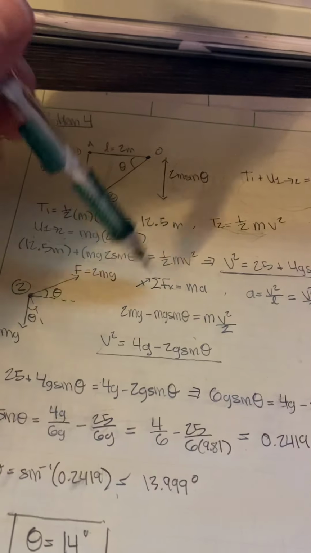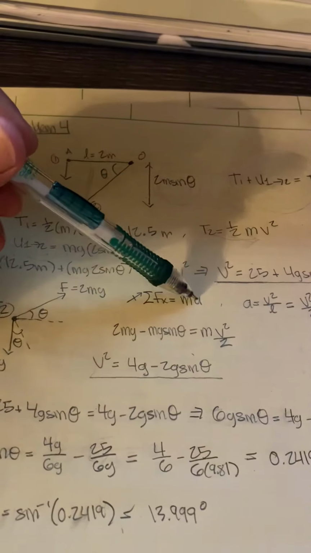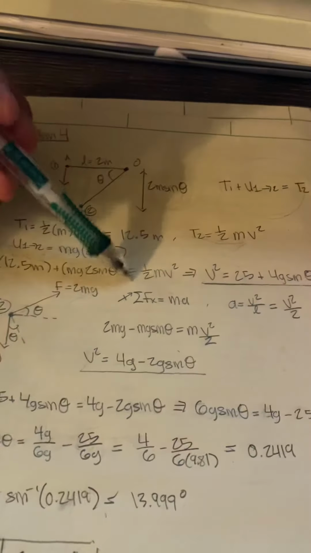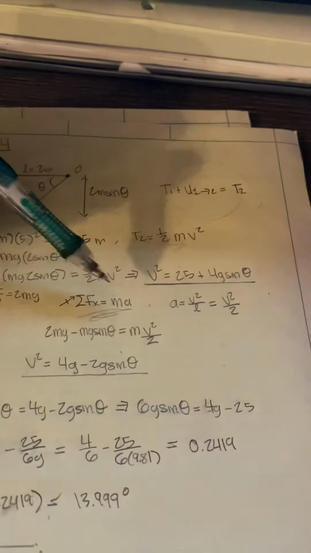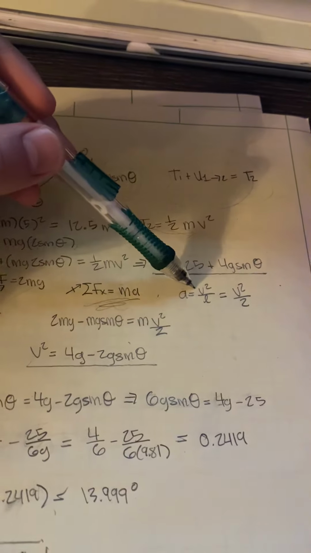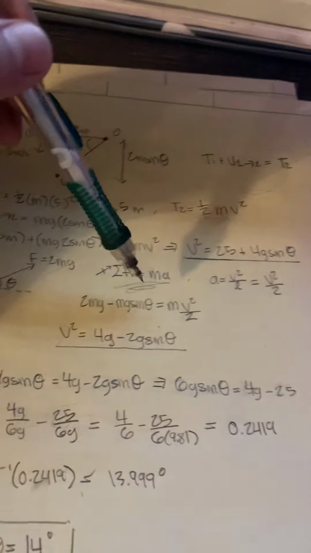and we have this angle being the positive direction, and it's equal to mass times acceleration. This is just a refresher from homework chapter 12, the last homework assignment we did. So the acceleration will be equal to V squared over the length, which is 2.